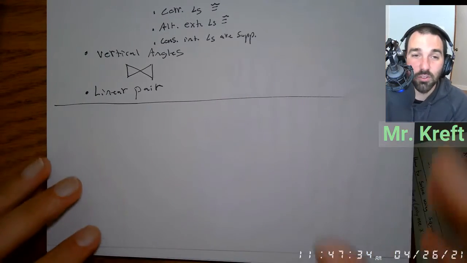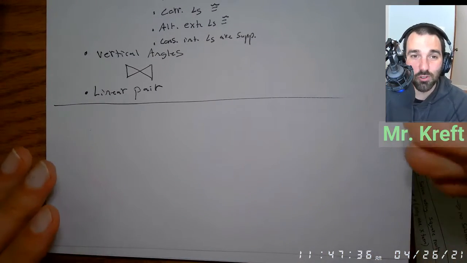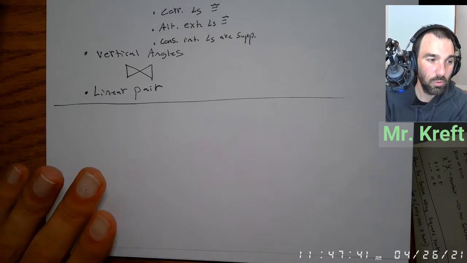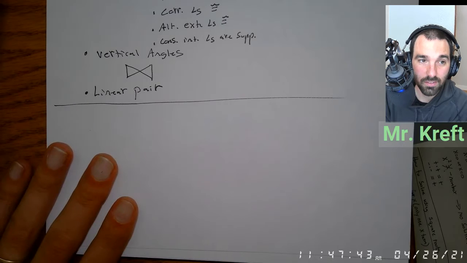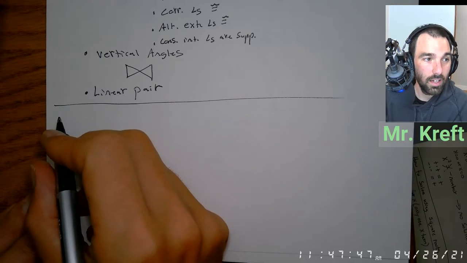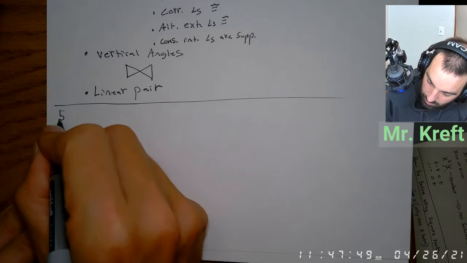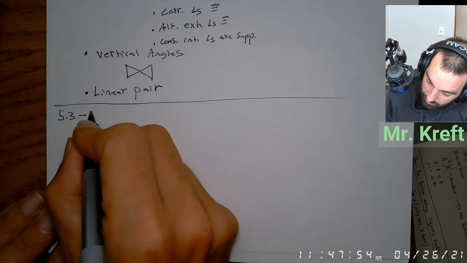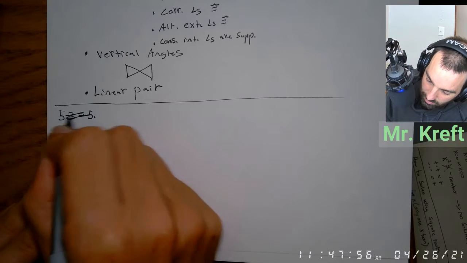And the new stuff is proving triangles congruent and proving triangles similar, okay? So I'm just going to group 5.3 through 5.6 together. And really it's not.